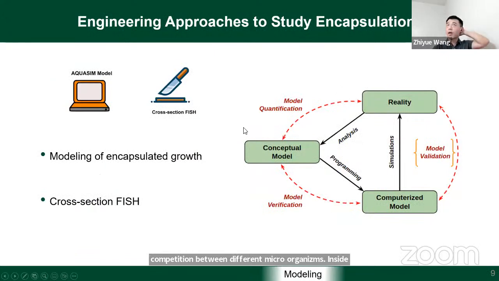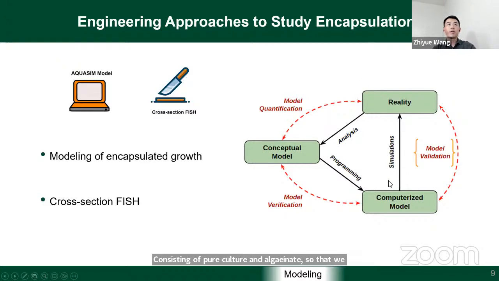So in this seminar, I hope to showcase some engineering approaches that we use to tackle this problem. We used a bottom-up approach by establishing a model based on our understanding, and then built up a simple model system consisting of pure culture and alginate, so that we can use it to verify our model and then improve it.